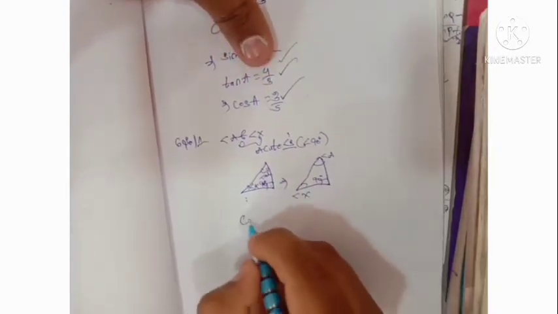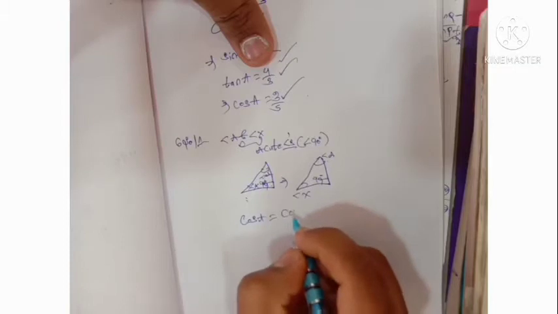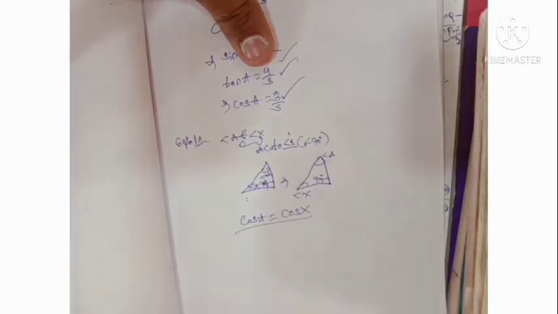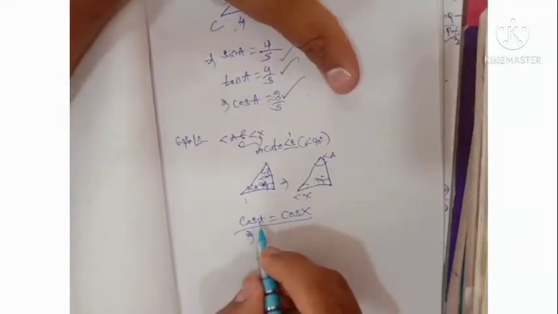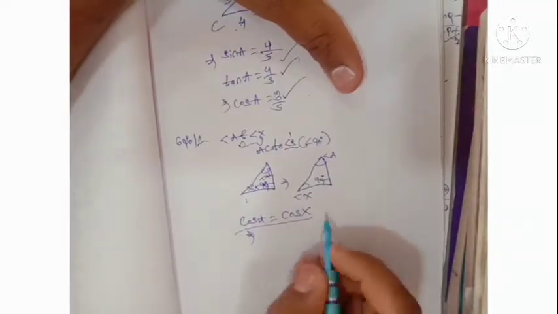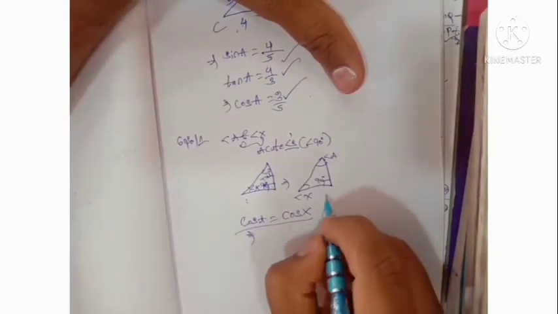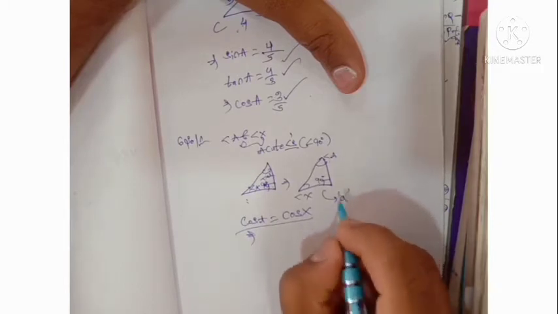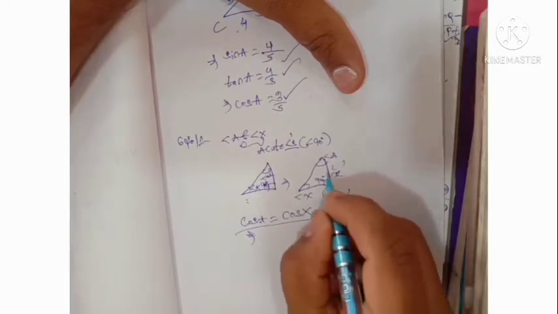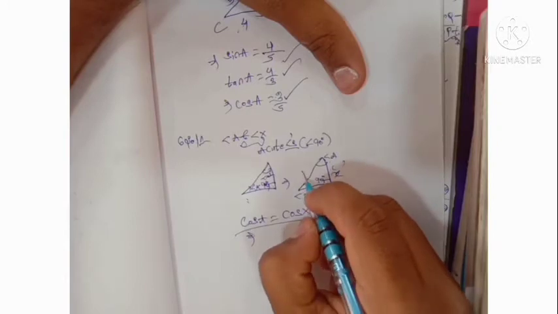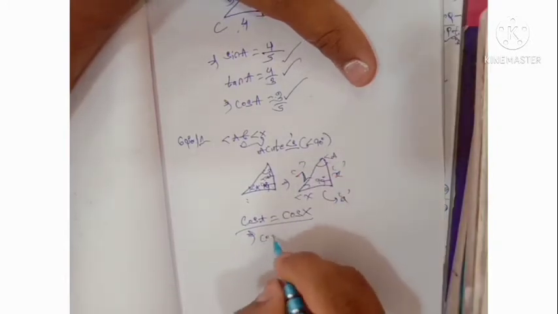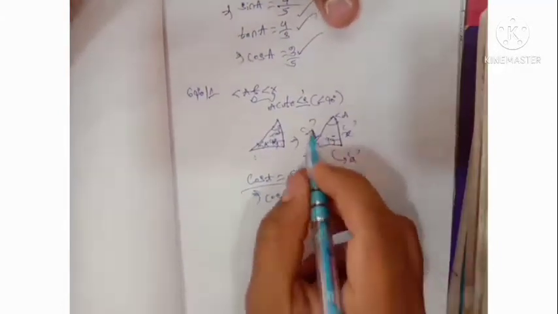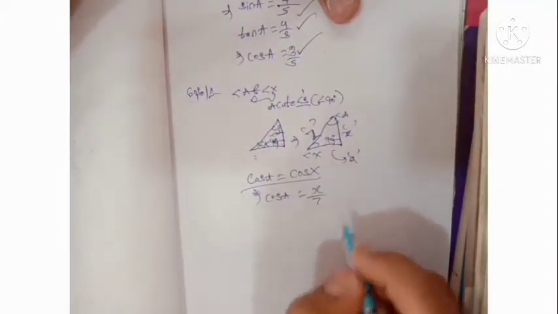Now the given, cos A is equal to cos X. This is important. This is the link, you can say. Main thing. Cos A is equal to cos X. Then let's say this is A, this is X, means length, and this is Z, we can say. Cos A, adjacent by hypotenuse.